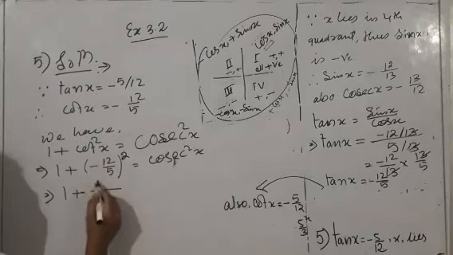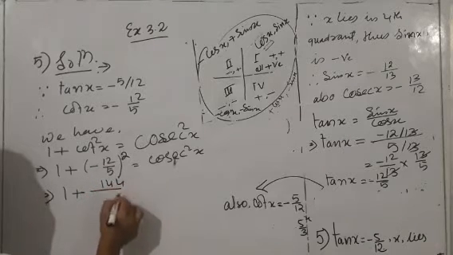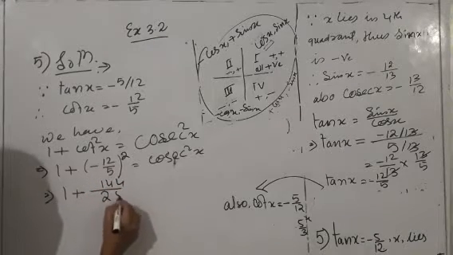Now, it will be how much? Square of 12 is 144. Square of 5 is 25.